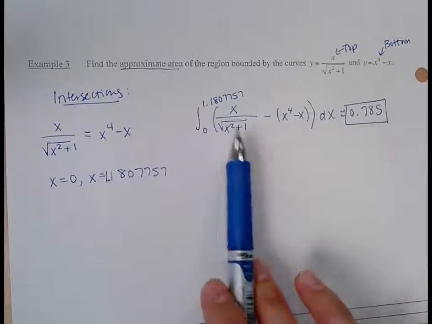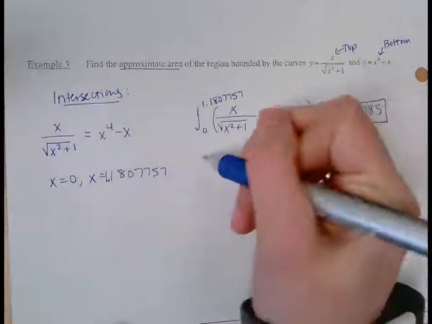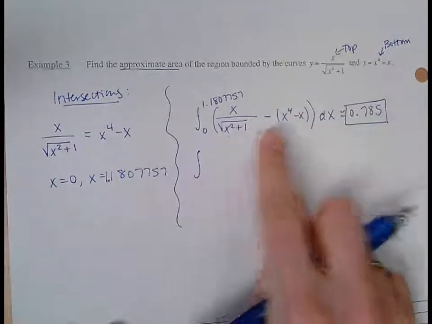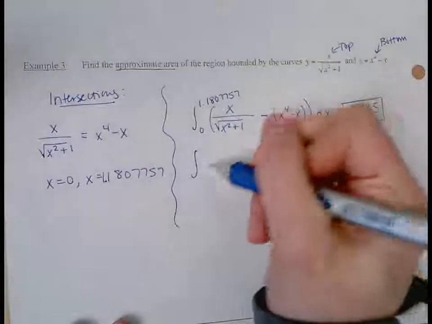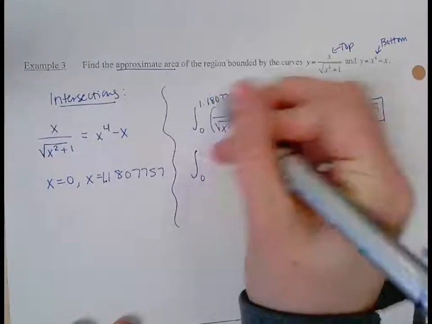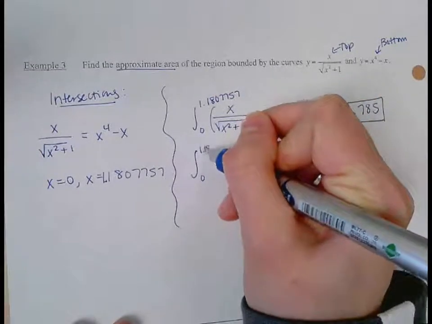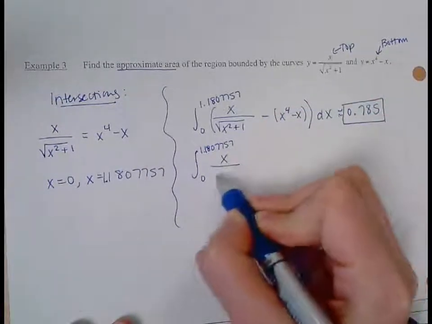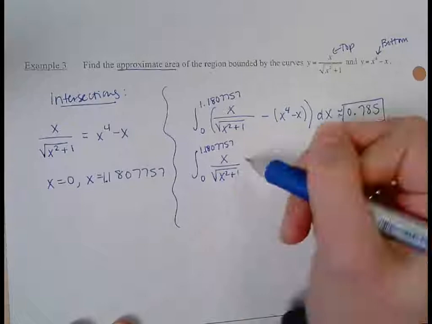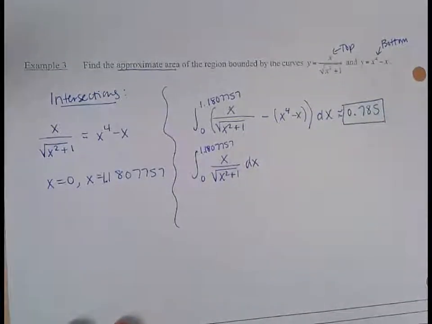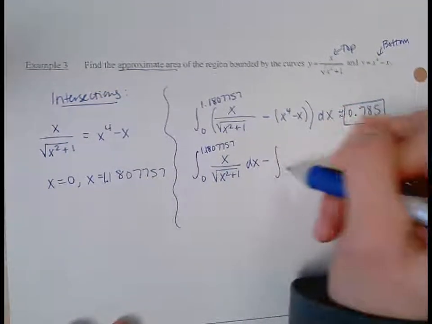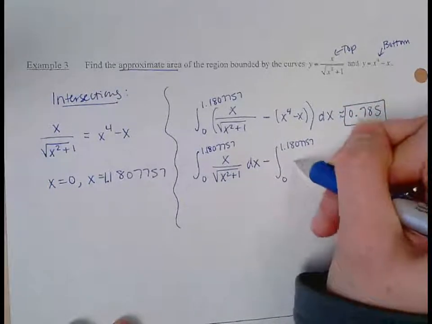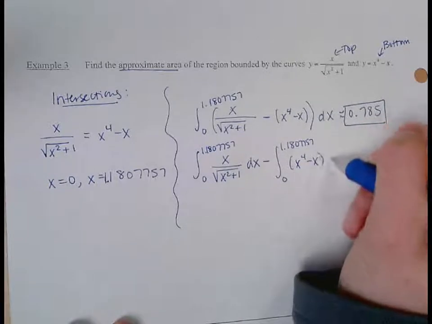Yes, so if you had to do this by hand, this is just what I wanted to show you, I would rewrite this as two different integrals. I would rewrite it as the integral from 0 to this number here of x over the square root of x squared plus 1, have that as its own integral, and then minus the integral of x to the fourth minus x.